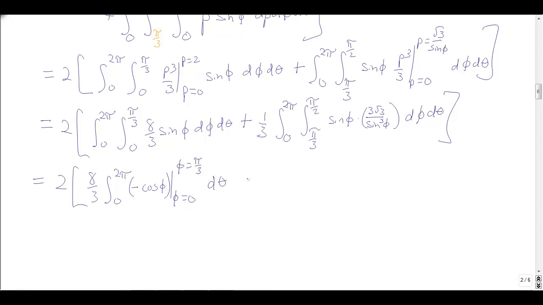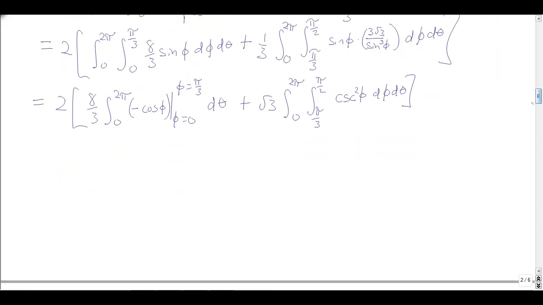I have to integrate with respect to theta. Plus, this 1/3 I can cancel with that 3. I have a square root of 3 I can pull out in front. Integral 0 to 2 pi. I'm going to leave this as pi over 3 to pi over 2 just yet. Sine phi over sine cubed phi is 1 over sine squared phi. That's cosecant squared phi. D phi, d theta.